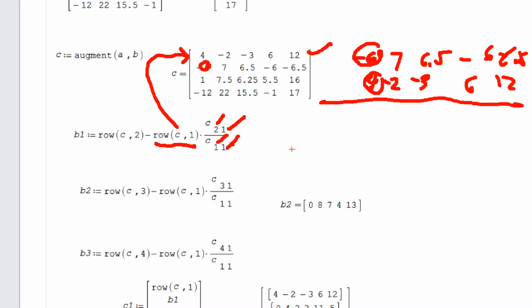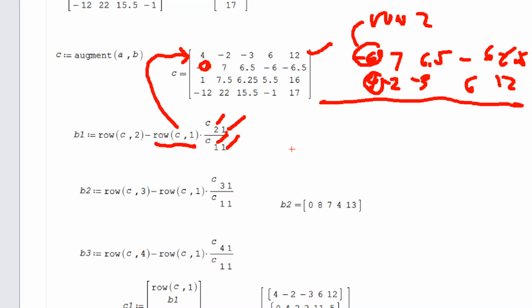So the second row is this. Remember, this is row 2. The address of that is C21, while the address of 4 is C11. Okay, so I hope you were not confused over there.